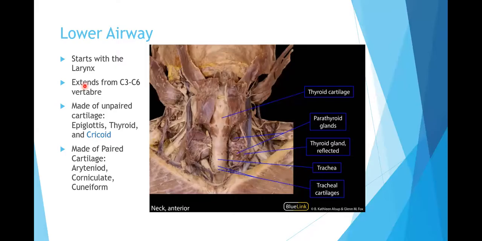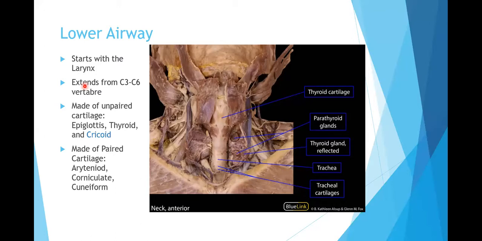Now, the lower airway is made up of unpaired cartilage. Okay, unpaired cartilage and paired cartilage. It's not bone. In the front, this is not bone, this is cartilage. Like, feel your ear. That's cartilage.